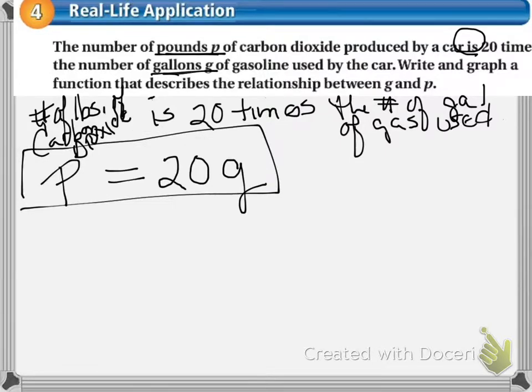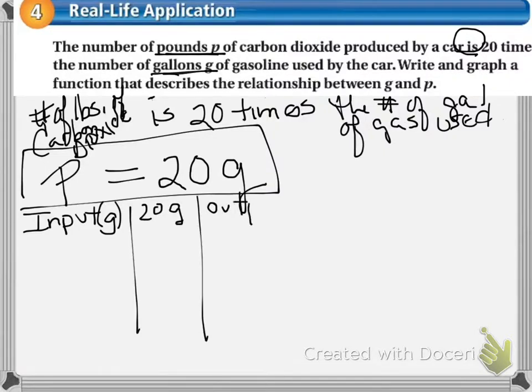P equals 20G. Now if we made an input-output table, G is our input. Then we'd have 20G. Our output is P, the pounds of carbon dioxide.